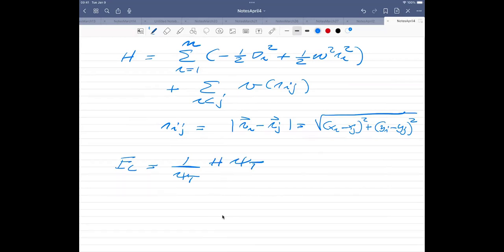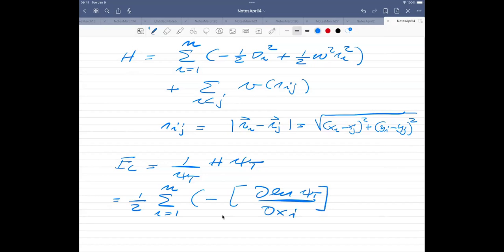Now, since we have this specific form for the wave function in terms of this logarithm, what we will get when we do the math here is 1/2, this is a kinetic energy term, sum over i equal 1 up to n, and then we are going to get a minus, and we will have (d ln psi of t over dx_i) squared, minus the next term, which is the second derivative of ln psi of t with respect to x_i.